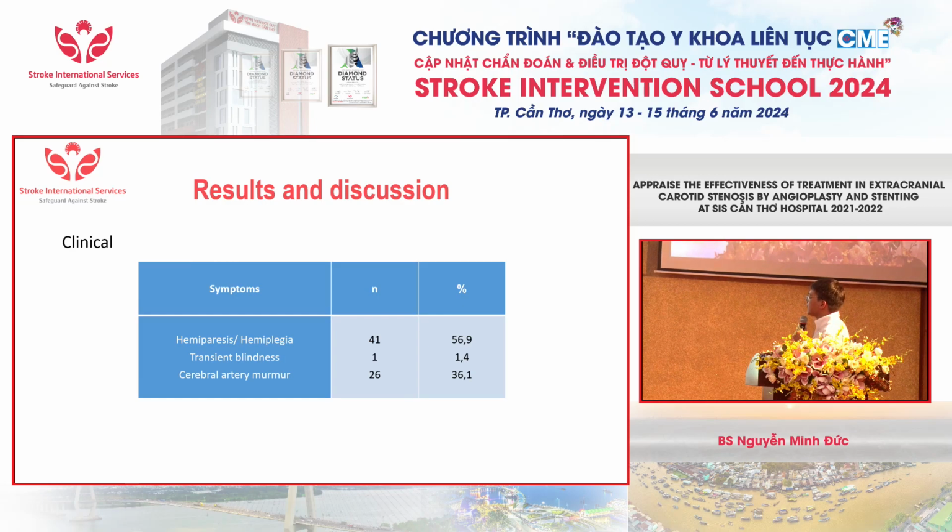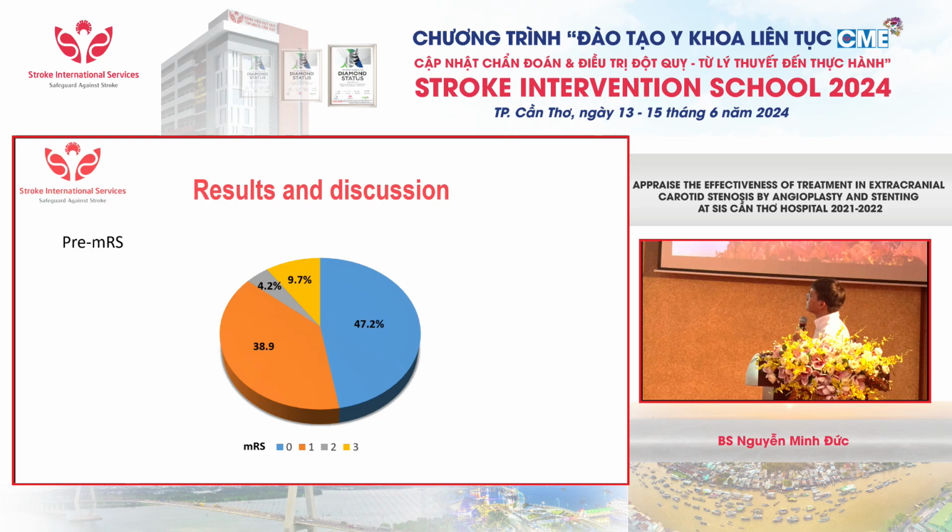Other symptoms include transient blindness or a murmur heard over the extracranial cerebral artery. The pre-MRS of these patients is about 0 to 1 point.